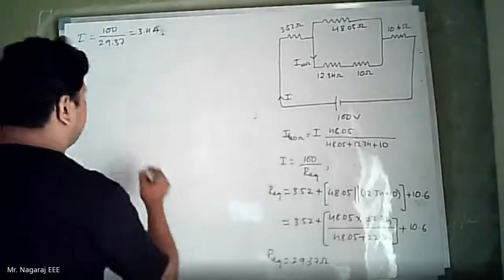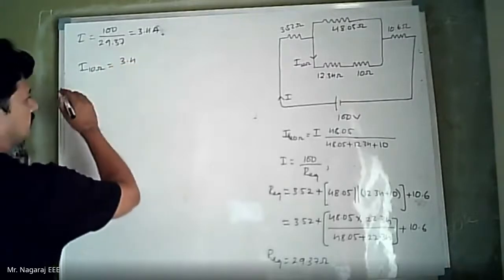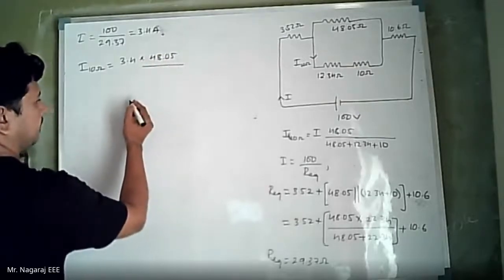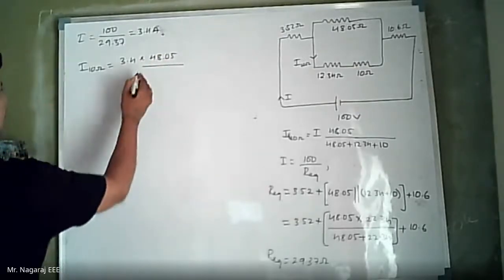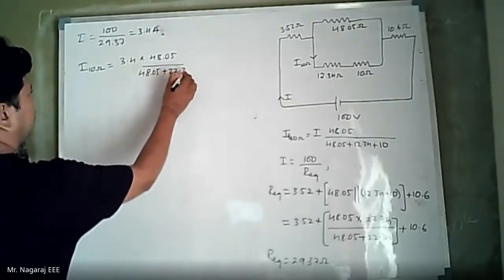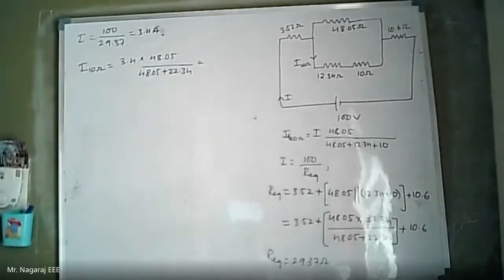Now I need the branch current I 10 ohm. So I 10 ohm is equal to 3.4 into 48.05 divided by 48.05 plus 22.34, which is 2.32 amps.